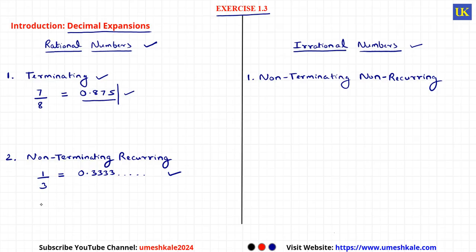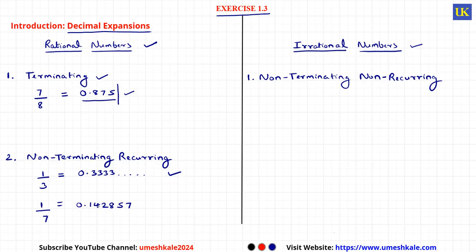Now one more example I will take here. I will take 1 by 7. Now if we divide 1 by 7, what we will get is 0.142857. And after that, again the same numbers will repeat.